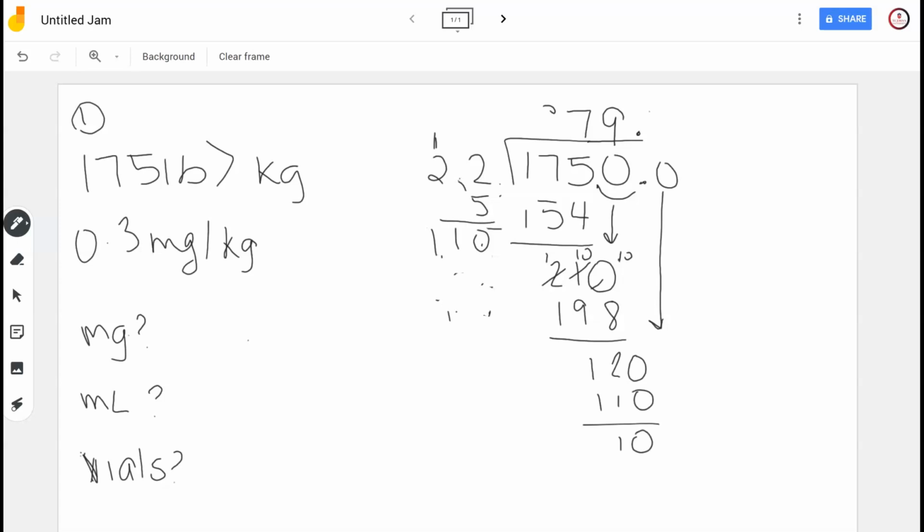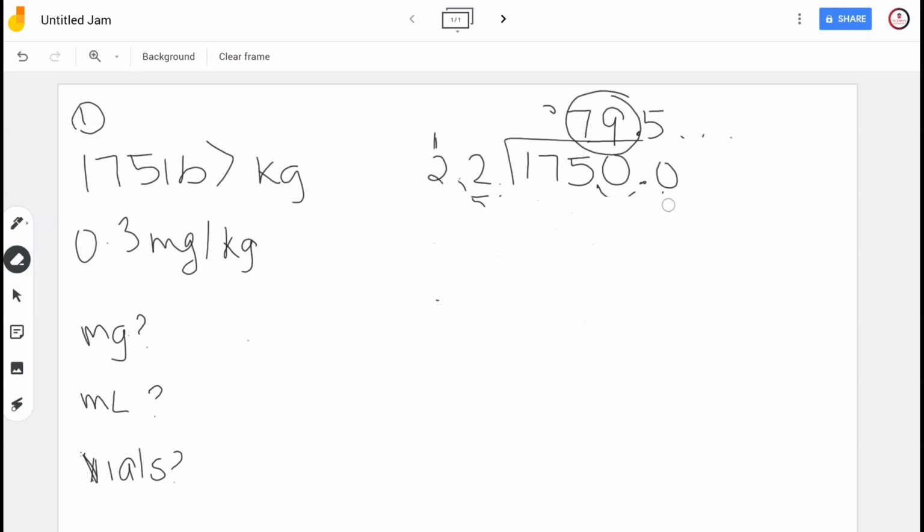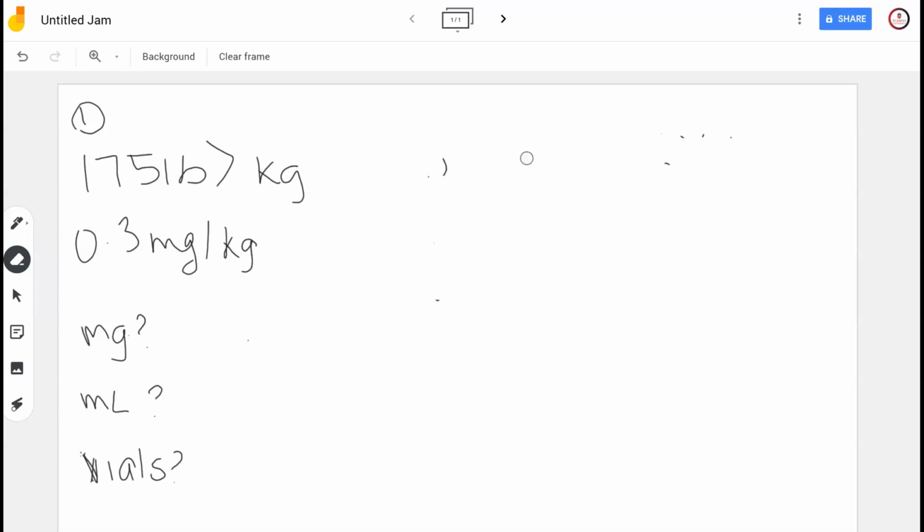Right. So you're going to have a decimal here. But this is an estimated weight, so for this example, we're going to use just 79. Alright, so your patient is 79 kilograms.